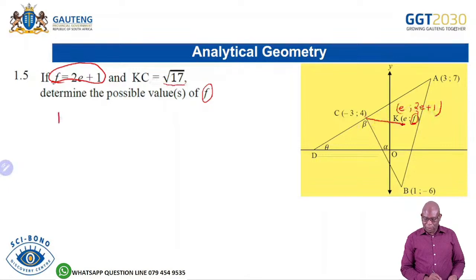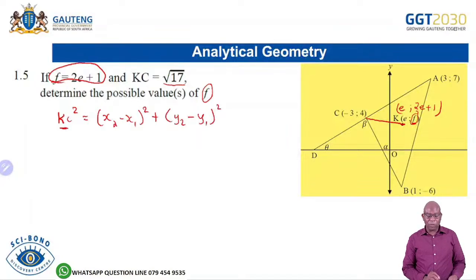I'm going to start by saying KC squared equals x2 minus x1 squared plus y2 minus y1 squared. Already I know what is my KC. So KC is square root of 17, meaning that KC squared will be equals to 17. Because if I square the square root of 17, it cancels out, and then we have 17 there.